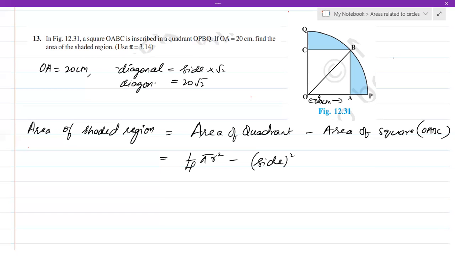The diagonal of the square is actually equal to radius. Okay, because the radius and the diagonal are the same thing here. So we got the value of radius. So 1 by 4, pi value is 3.14 into r square. R is 20 root 2, the whole square, minus side square. Side is what? 20. So 20 square.